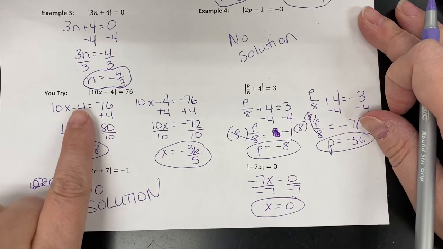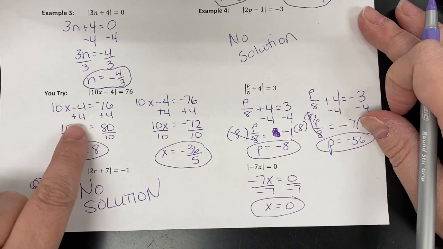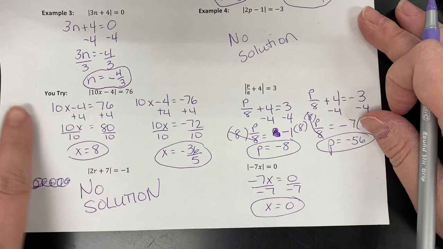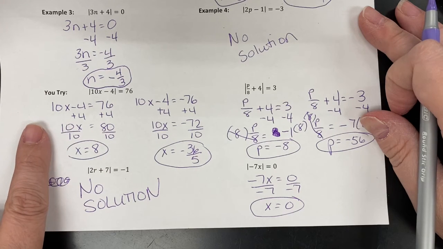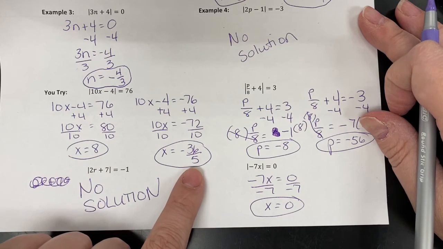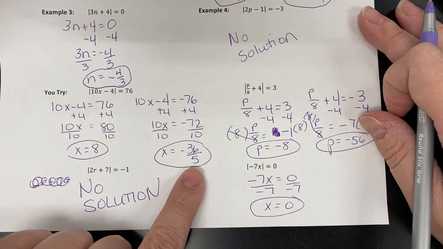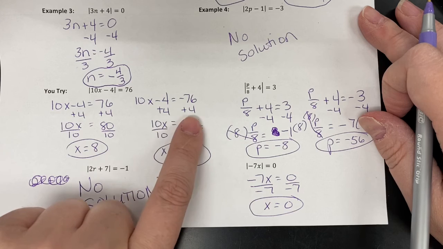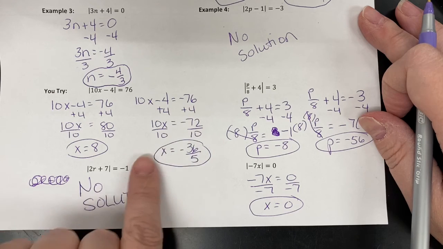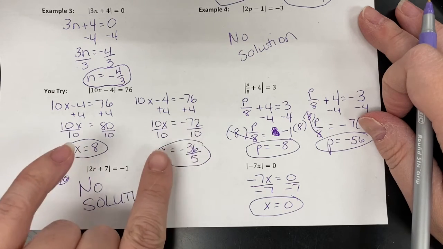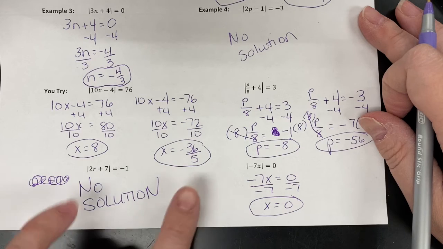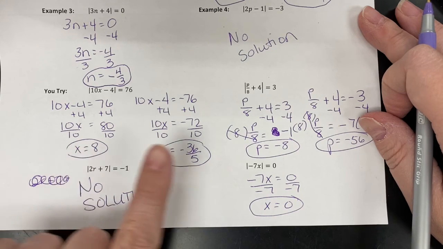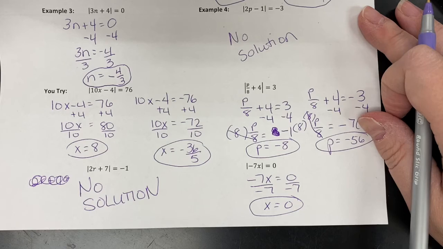So notice when I solved this, my first step was to add 4, and my second step was to divide by 10. It will be the same for the other equation. You will be getting different results though, but you're still adding 4 first and dividing by 10 second. So at least you don't have to do the work of figuring out which steps to do next. Once you do it for this equation, you're doing the same steps for the other equation.